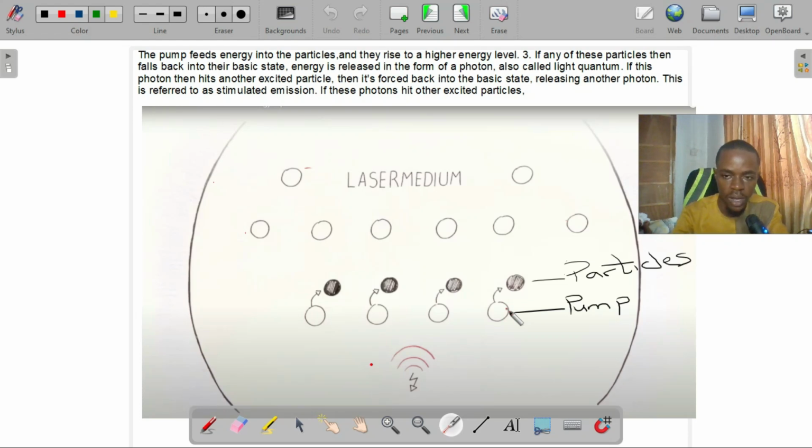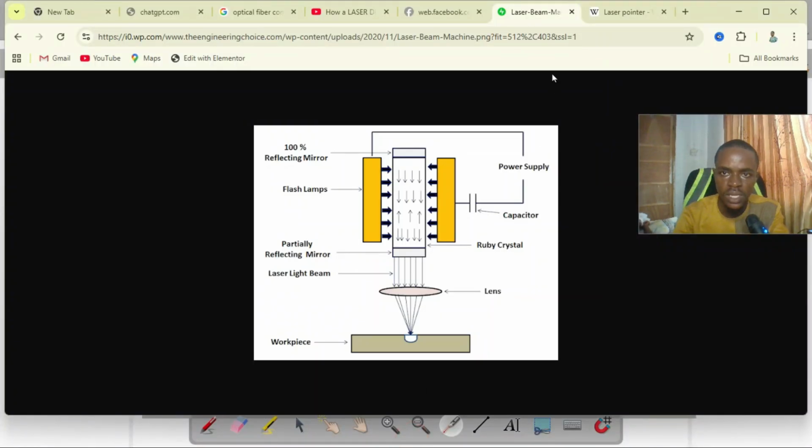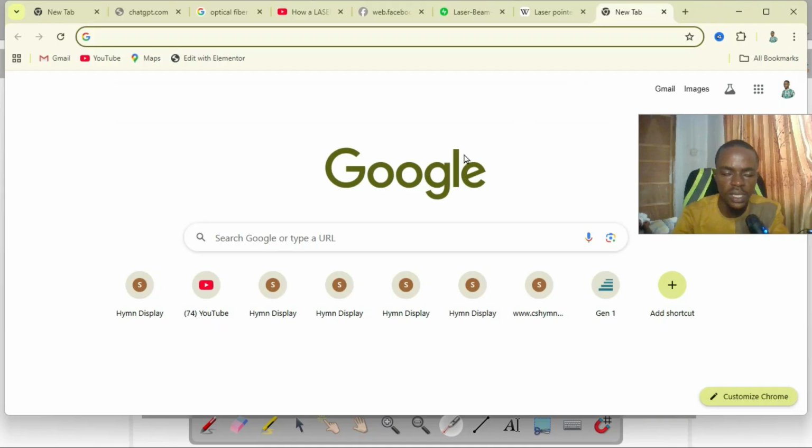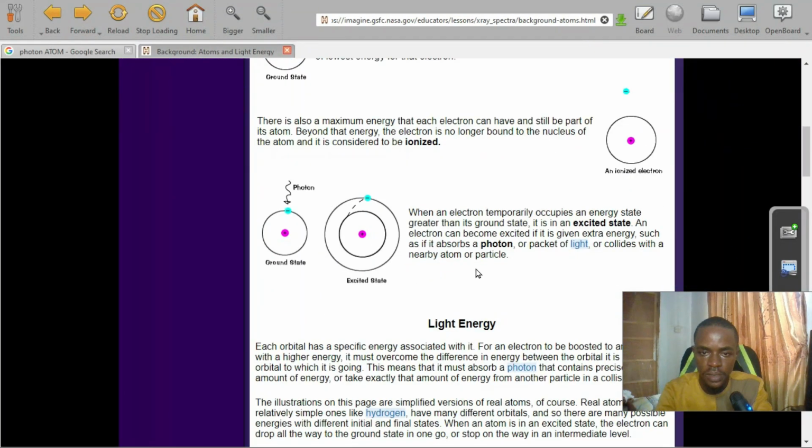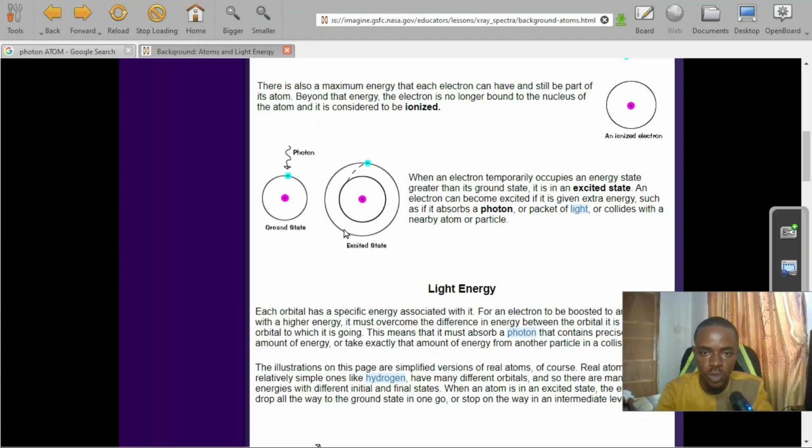Let me go back and show you something from the diagram. Let me see, view, increase this. Okay, this is a very good example of what we are trying to say. Once the pump feeds energy into the particles, the particles are in an excited state.